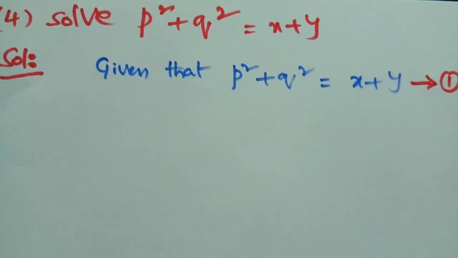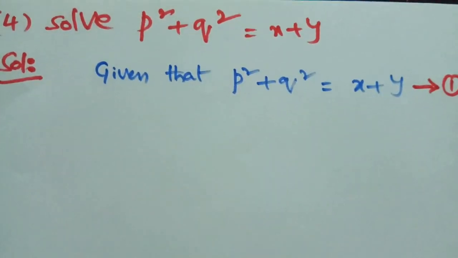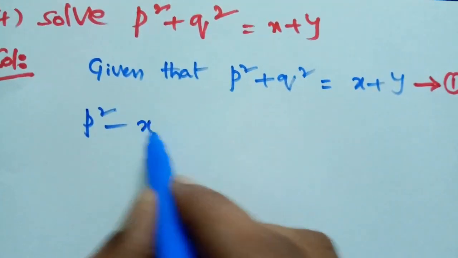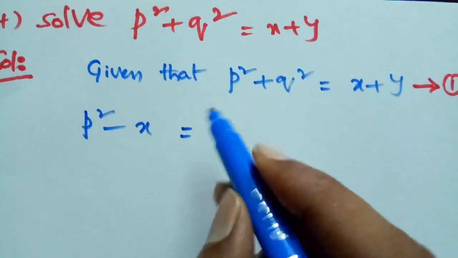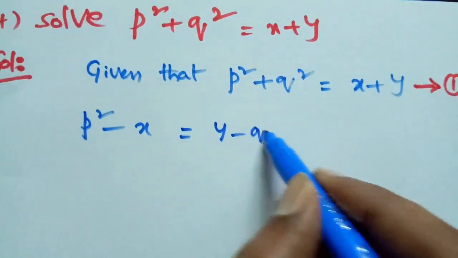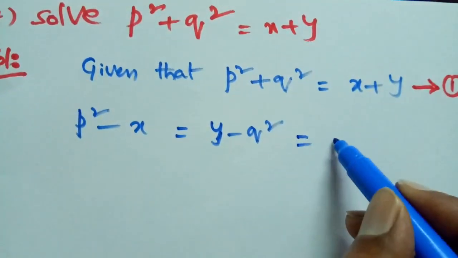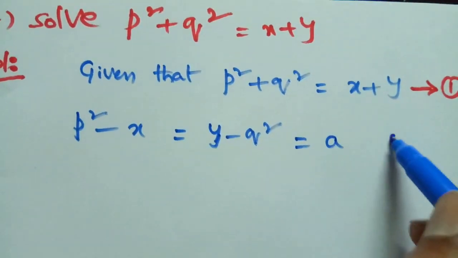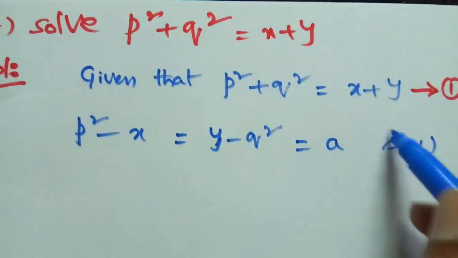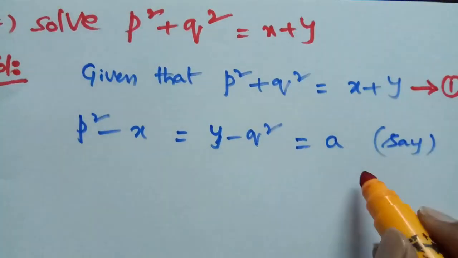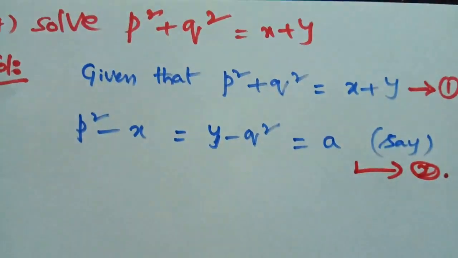Rearranging the given equation as p square minus x equal to y minus q square. Say this is equal to some arbitrary constant a. Say this is equation number 2.